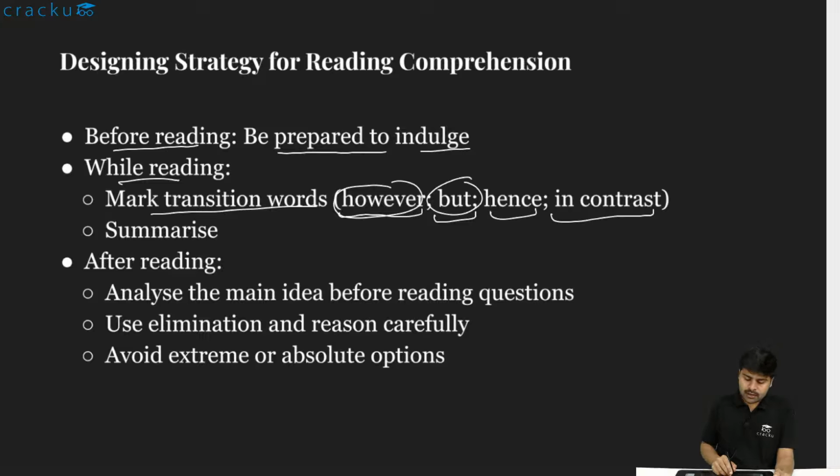If the author says one thing and then moves on to the next thing by saying however or but, it essentially shows what the author is trying to emphasize, and that actually gives us a nice key to understand what the author is trying to tell us through the passage, right?